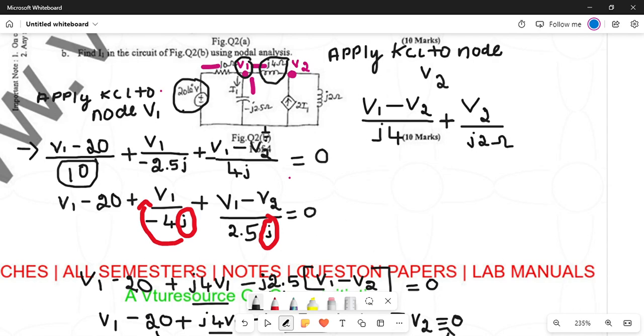I'm sorry, I need not write ohm, right? Okay, so which is equal to how much, it is equal to 2Ix, right? It is equal to 2I1. Fine. Yes.